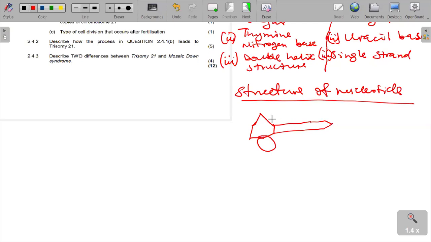The DNA nucleotide is made up of 3 components.